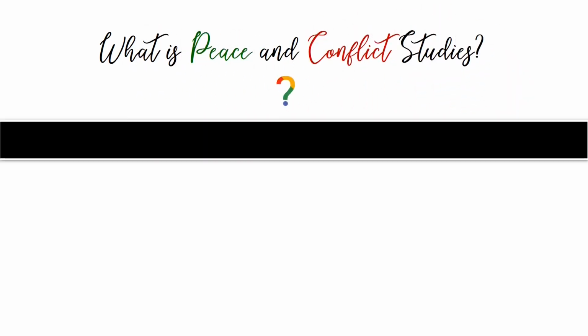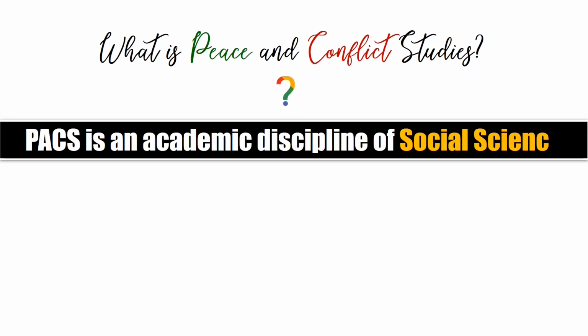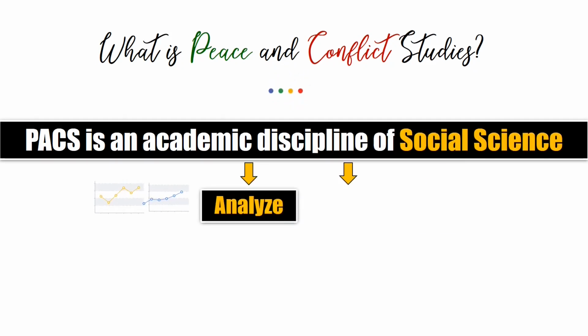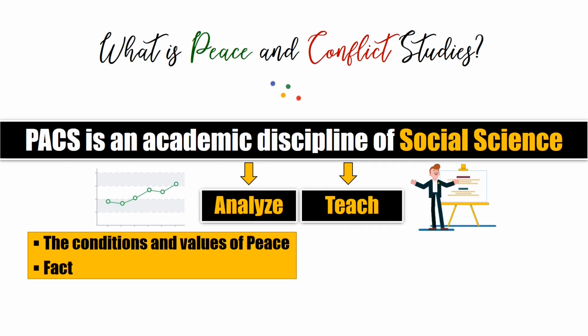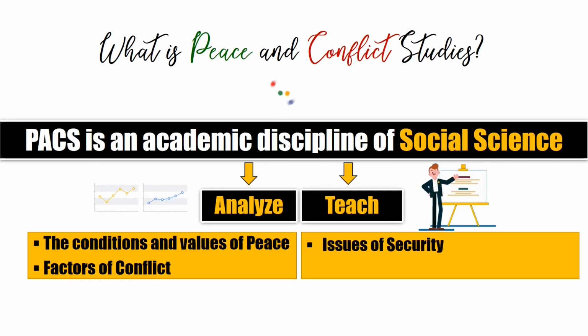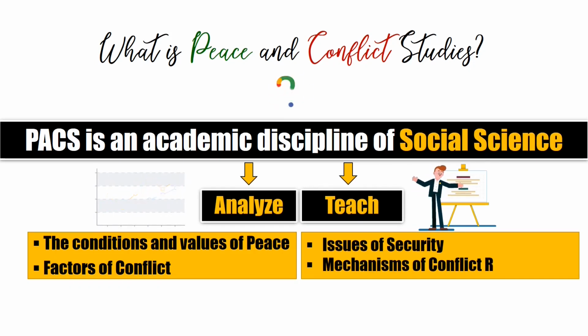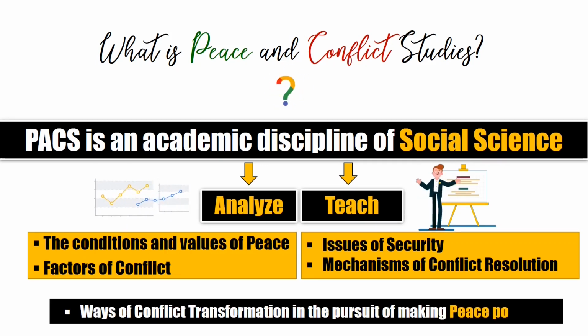What is peace and conflict studies? Peace and conflict studies is an academic discipline of social science that analyzes and teaches the conditions and values of peace, factors of conflict, issues of security, mechanisms of conflict resolution, and ways of conflict transformation in the pursuit of making peace possible.